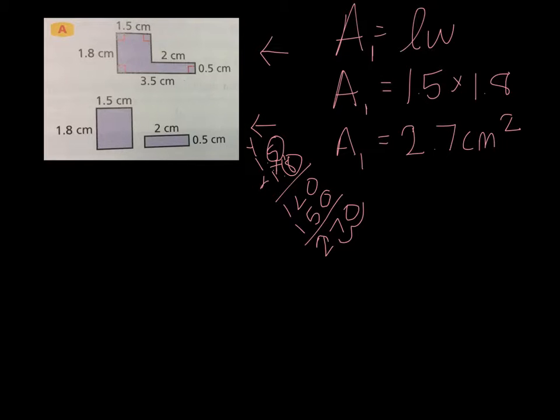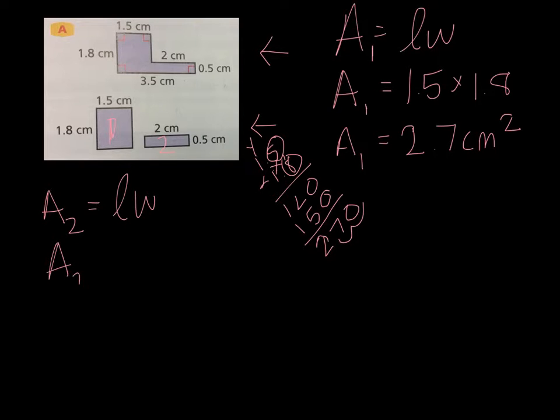So now let's talk about the area of figure 2. To keep things straight, we could always signify this is figure 1, this is figure 2. Let me write my equation down here. My formula, length times width.